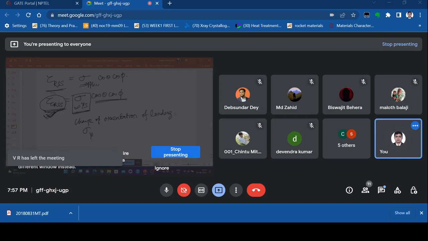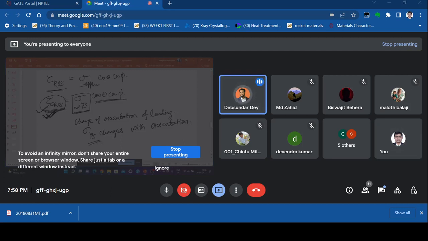Then this yield strength in different orientation changes, but this tau CRSS remains constant always.